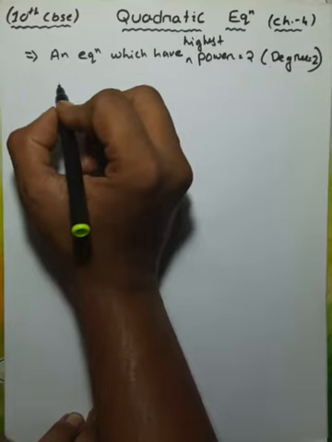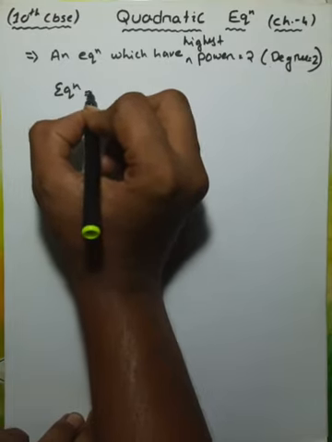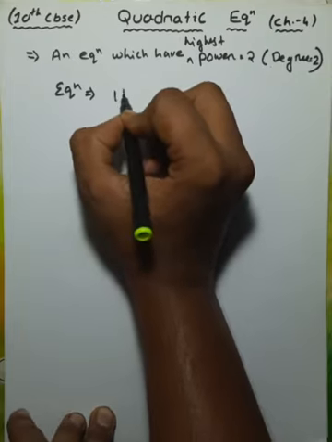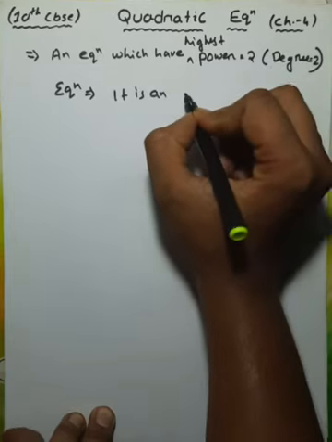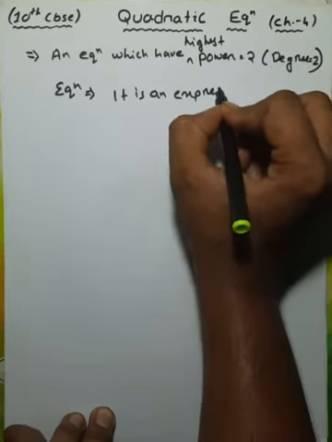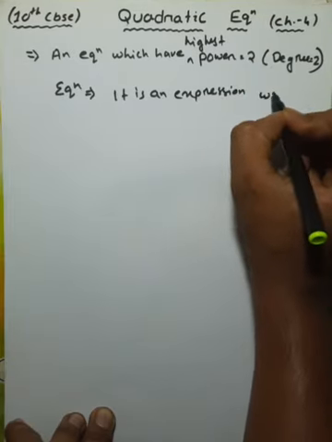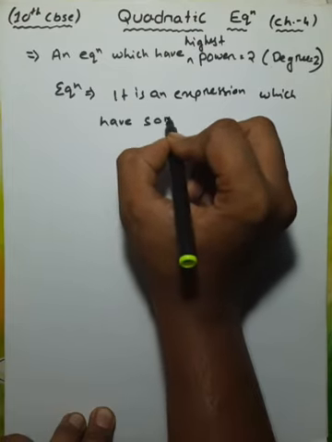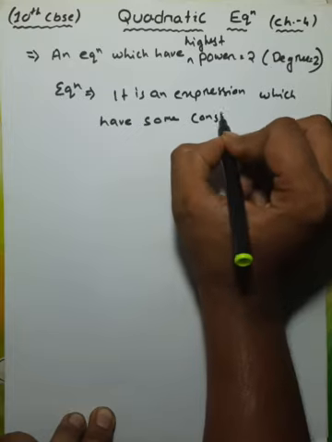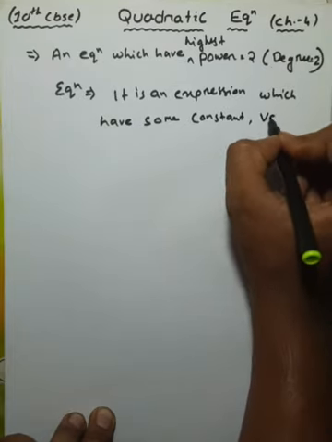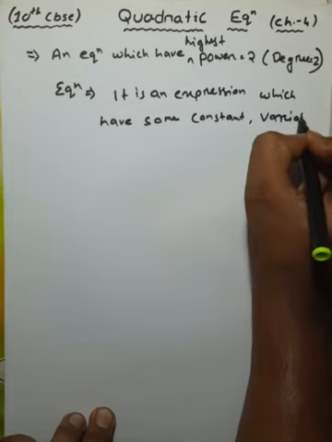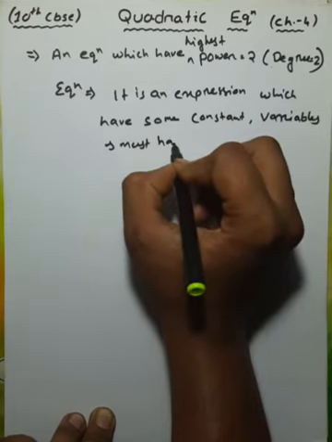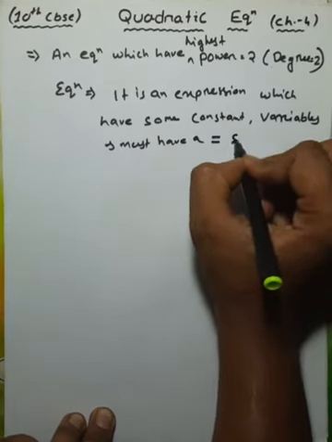So what is an equation? It is an expression which has some constants, variables, and must have an equal to sign.